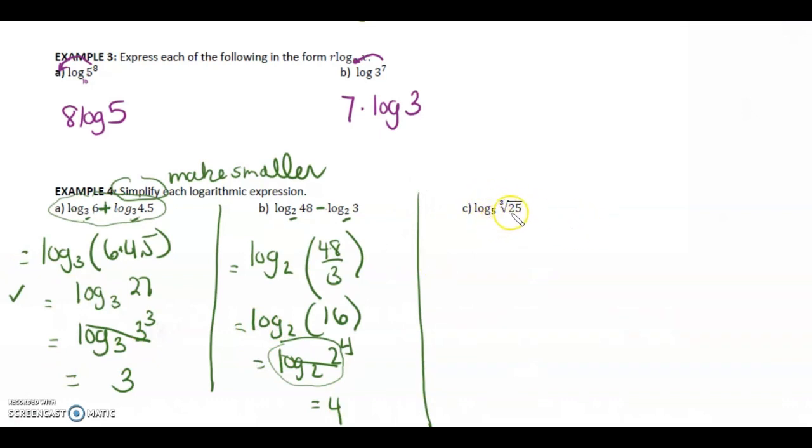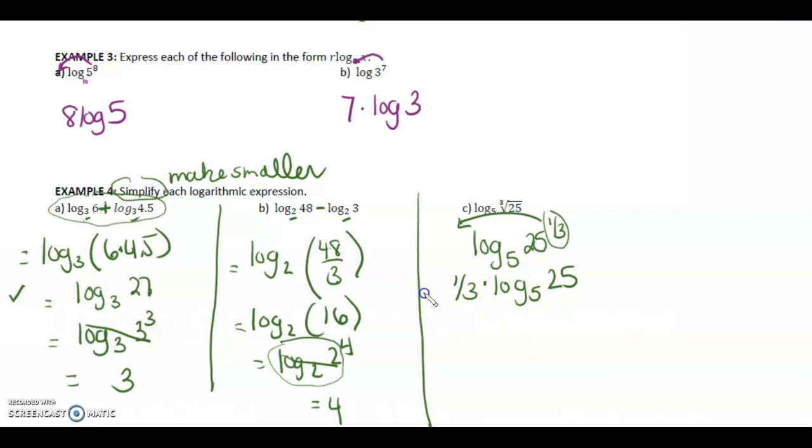Okay, log base 5 of the cube root of 25. I think we've seen this one before. So let's rewrite this as 25 to the 1/3. I'm just going to use the laws that we have here. We can bring this 1/3 down. So we're going to get 1/3 log base 5 of 25, and those are multiplied.